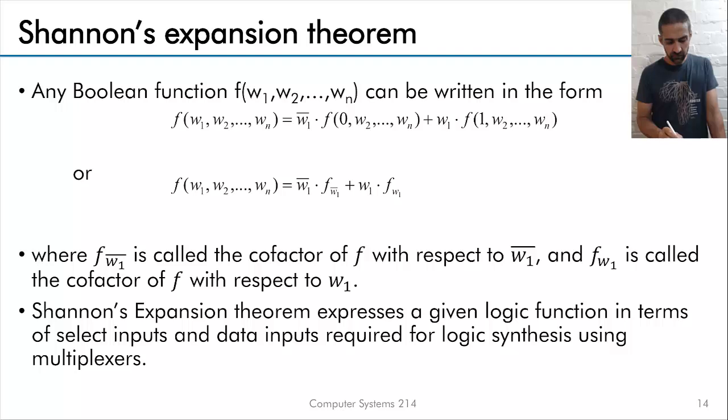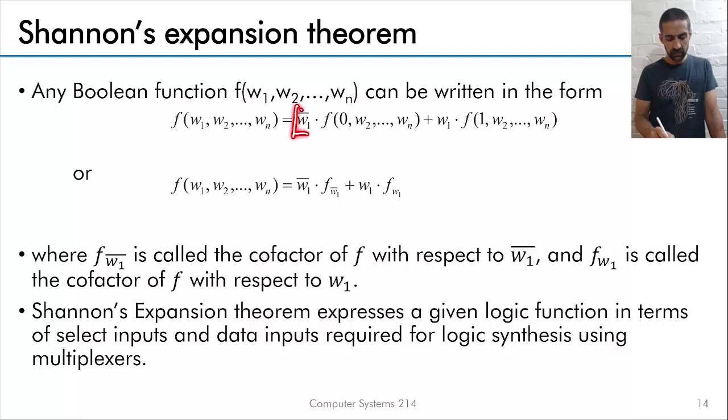It can be written in a form that says f is equal to not one of the variables, let's just make it W1 in this case, though it needn't be one of the variables, and it, the product with f, and this is important to get, so listen up carefully, f such that in f we replace every instance of this variable with 0.